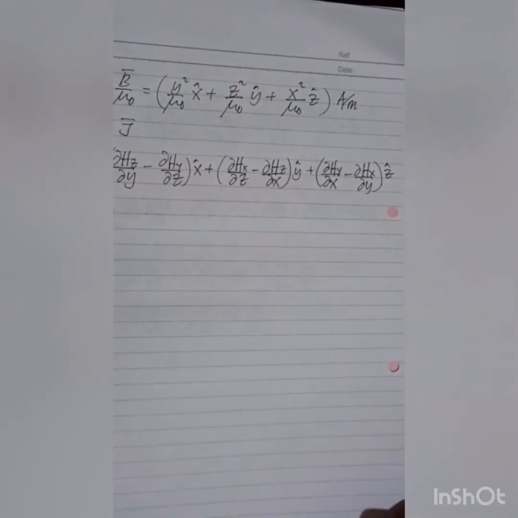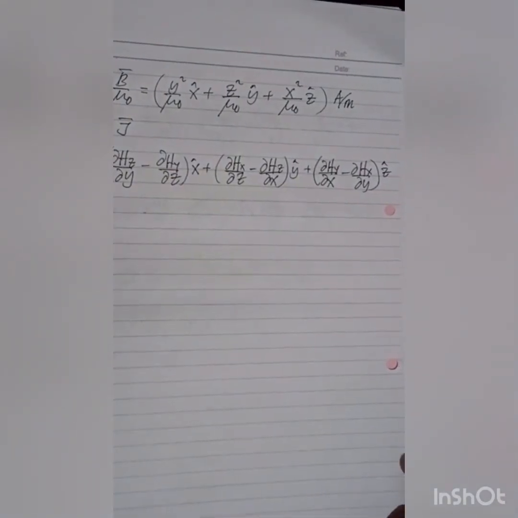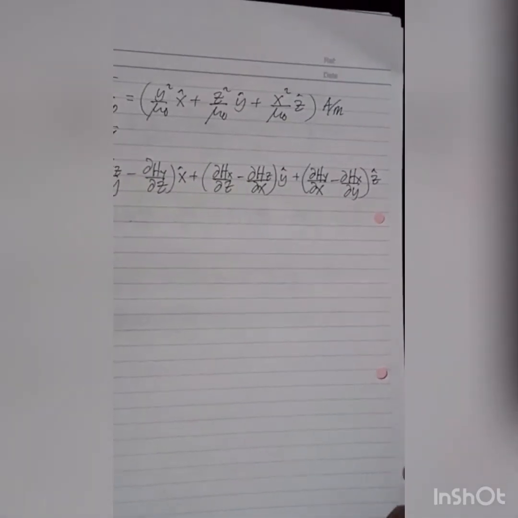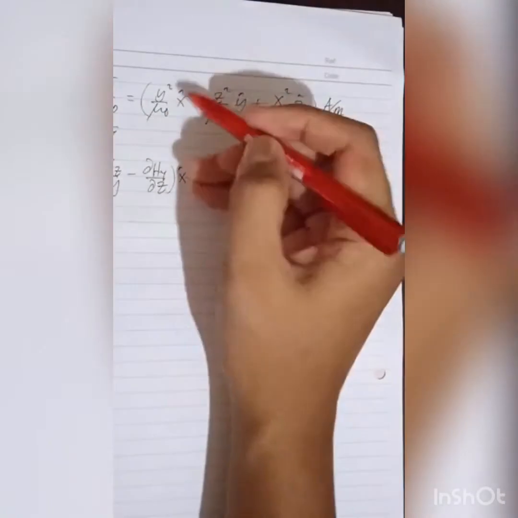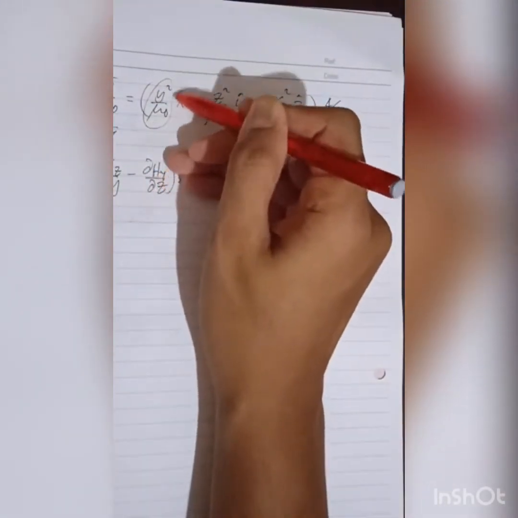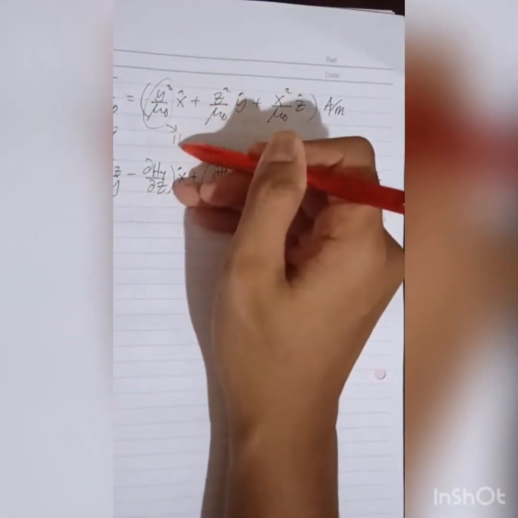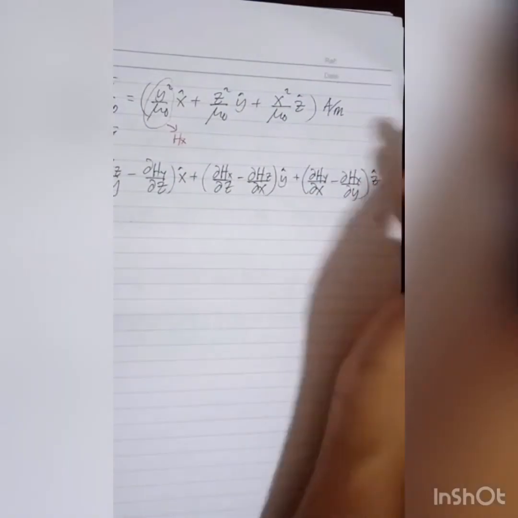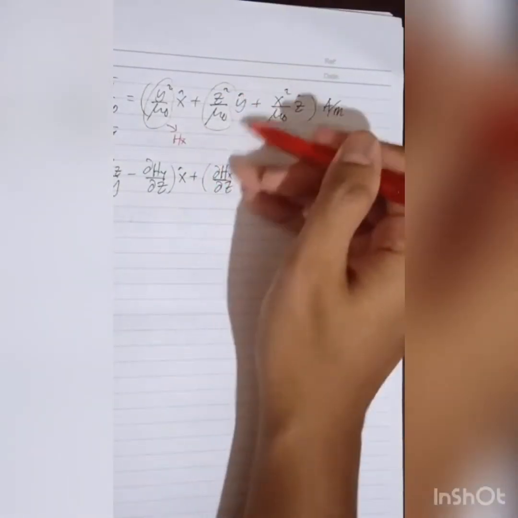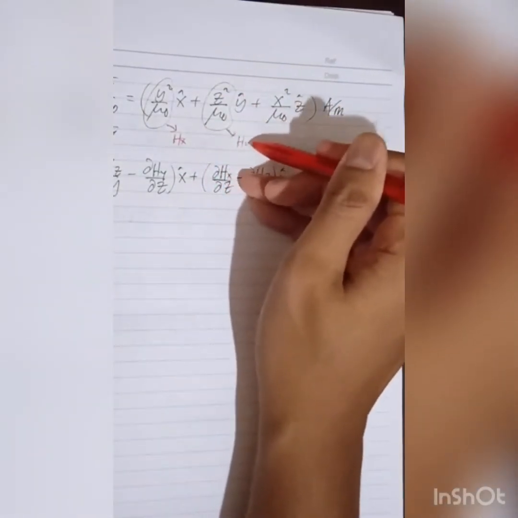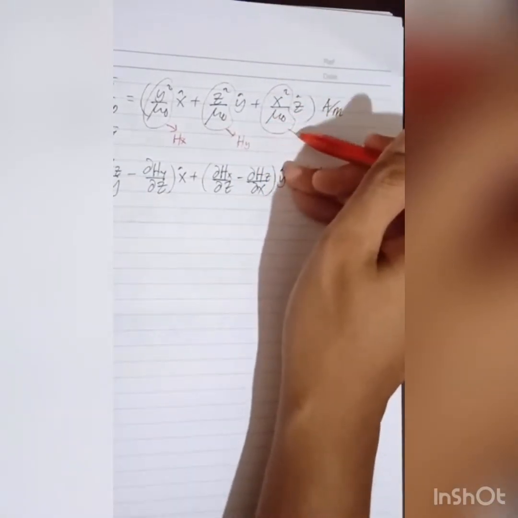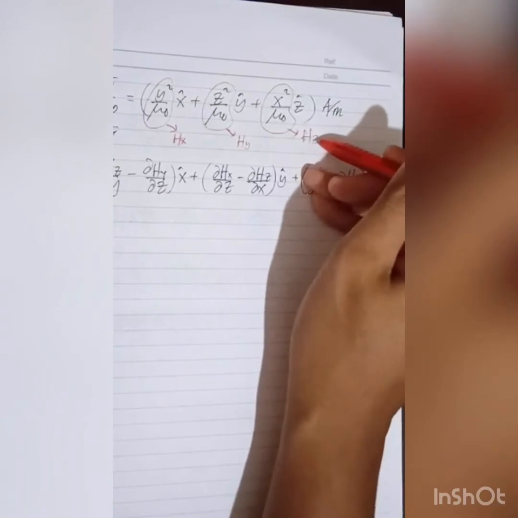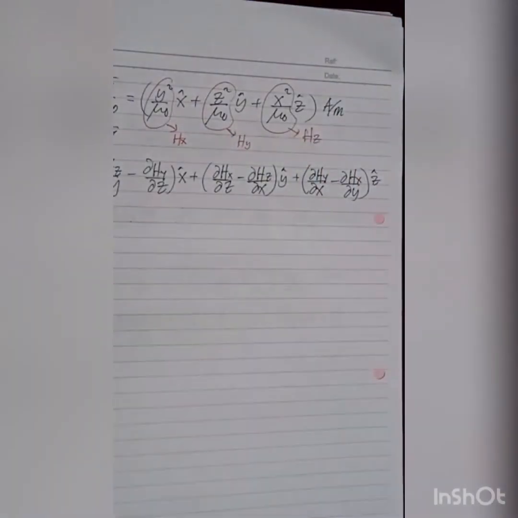Alright guys, so based on this, in our H equation obtained previously up there, the whole term here is our Hx component, the whole term here is our Hy component, and the whole term here is our Hz component.